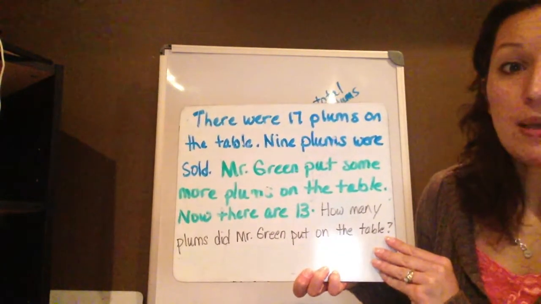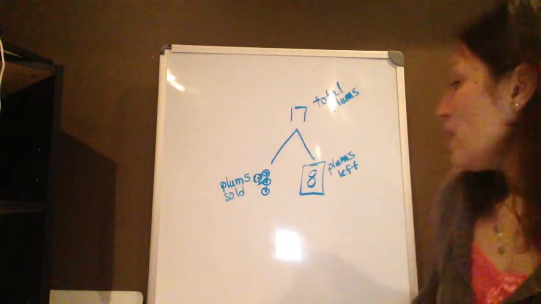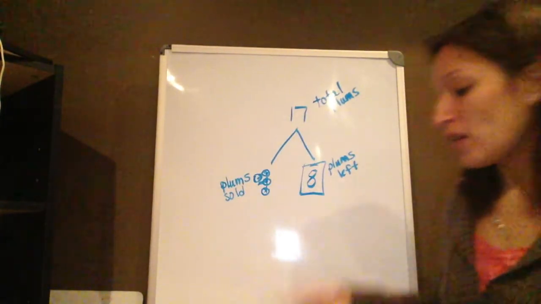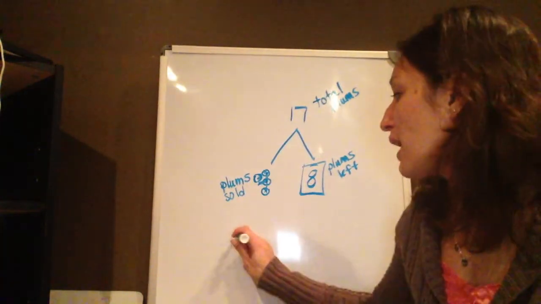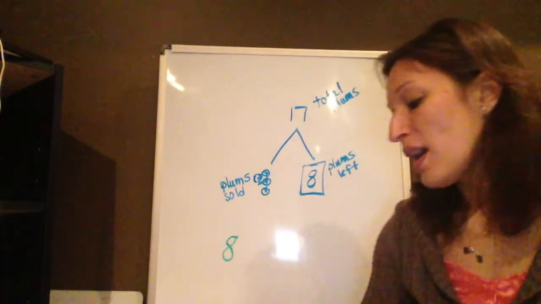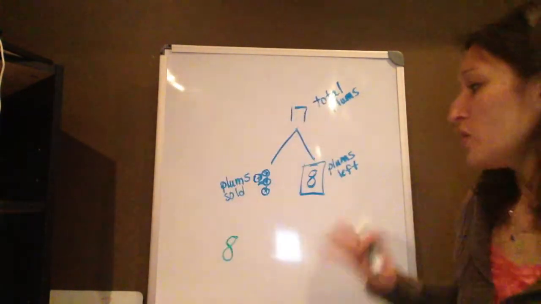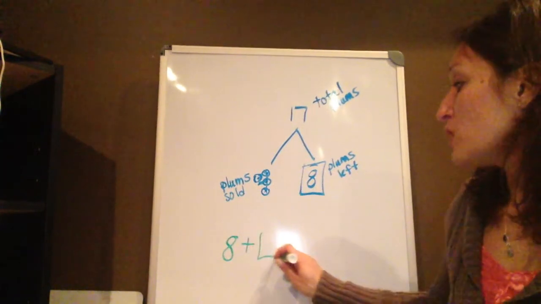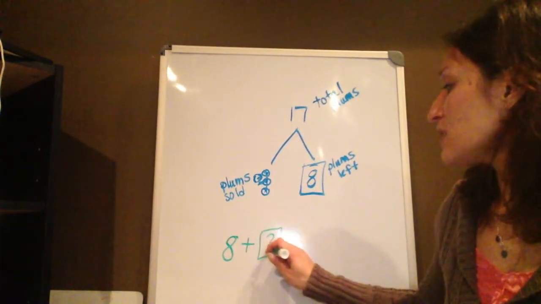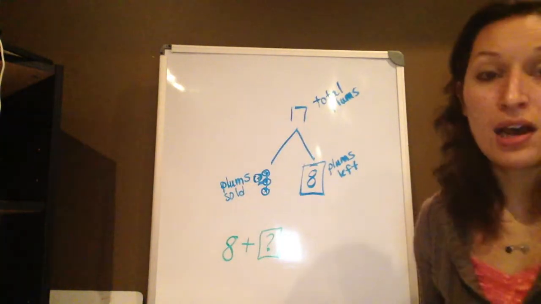Mr. Green put some more plums on the table. So we know that he had these to start in step 2 of our problem. He had these left on the table. He had 8. And then the story tells us that he put some more plums on the table. If he's putting more on the table, we know he's adding. We don't know how many. When it says put some more, it doesn't tell us a number. So I'm going to put a question mark to represent that unknown part.